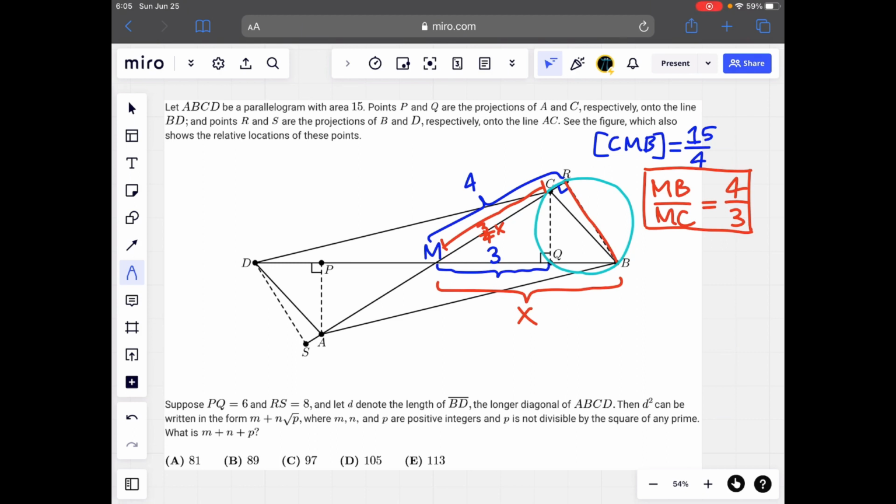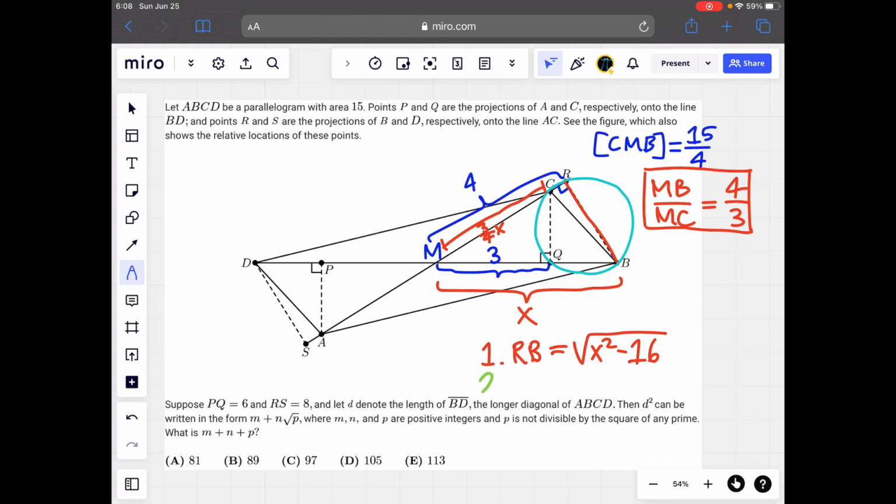The first is that RB is simply equal to the square root of x squared minus 16, because of right triangle BRM. It's equal to the square root of MB squared, which is x squared, minus MR squared, which is 4 squared, or 16.